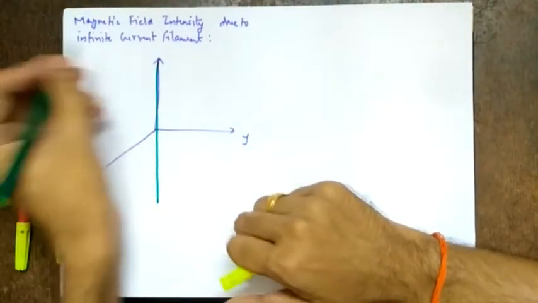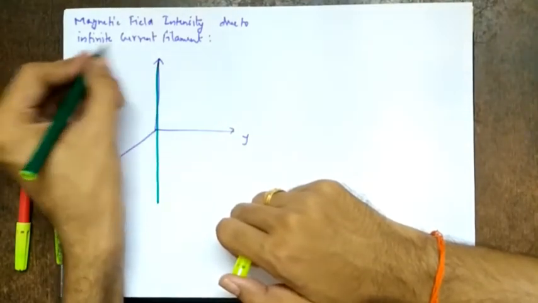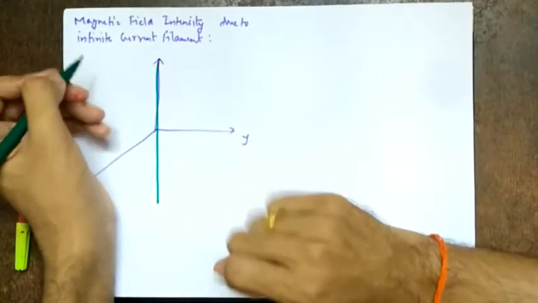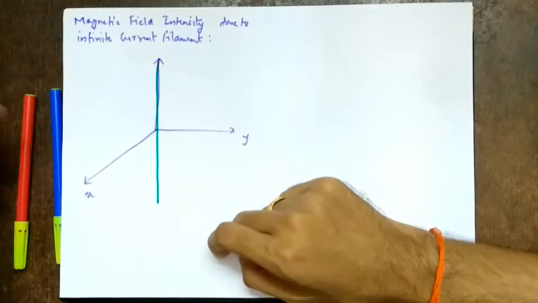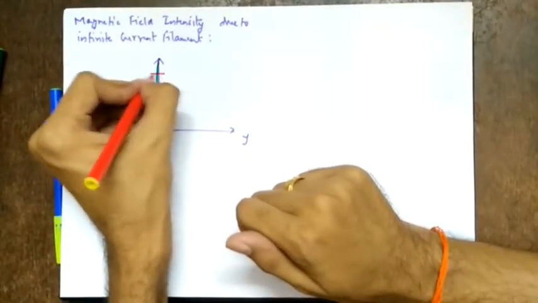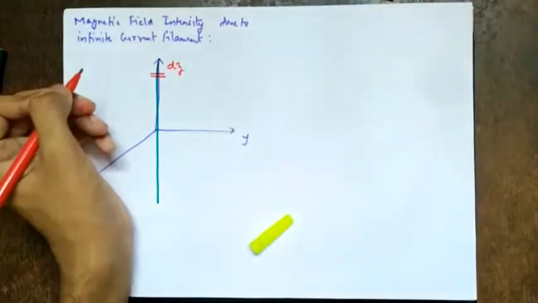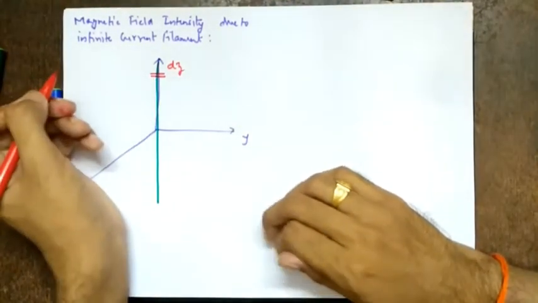Since the current filament is infinite in nature, we cannot solve for the magnetic field intensity directly. So we divide it into very small segments, each of length dz. Same way as we proceeded for electric field due to infinite line charge.